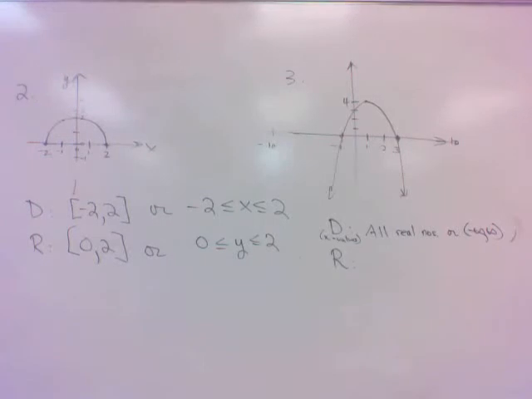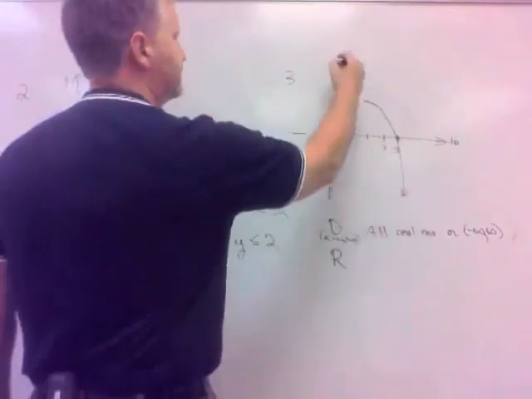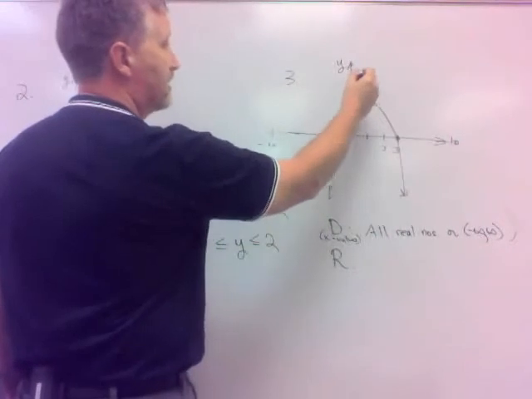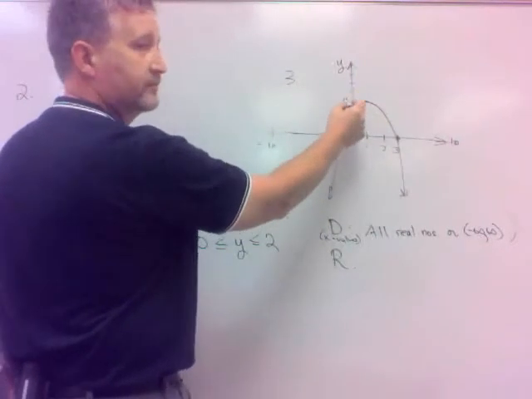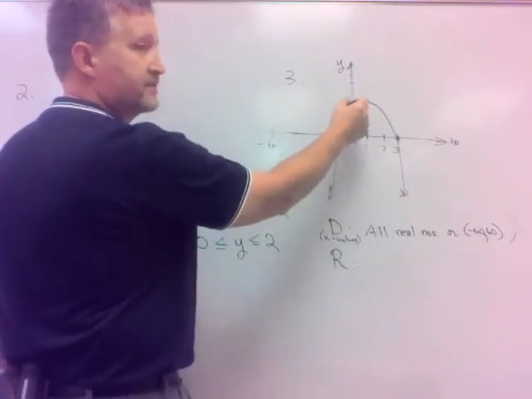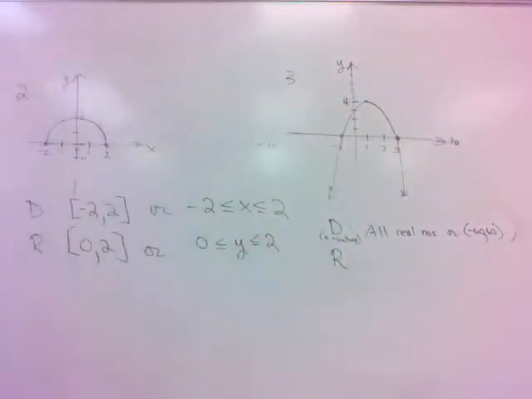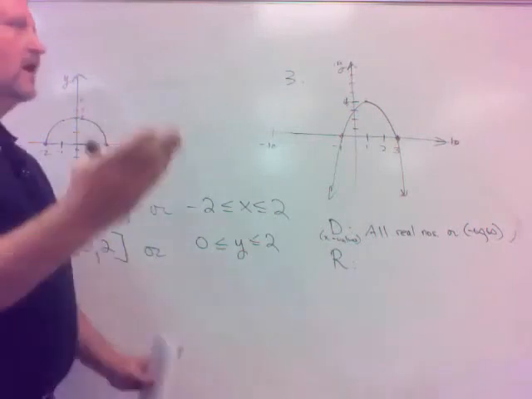What about the range, though? The y values. Do we use all the y values? No. Looks like it doesn't go anything beyond the y value here of 4. So 4 is the biggest, and then how would you say that? Okay.